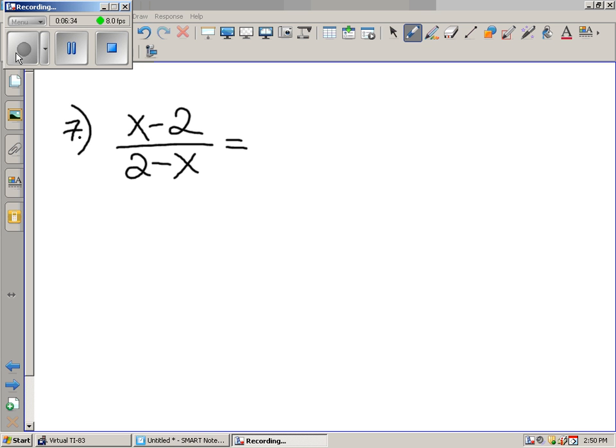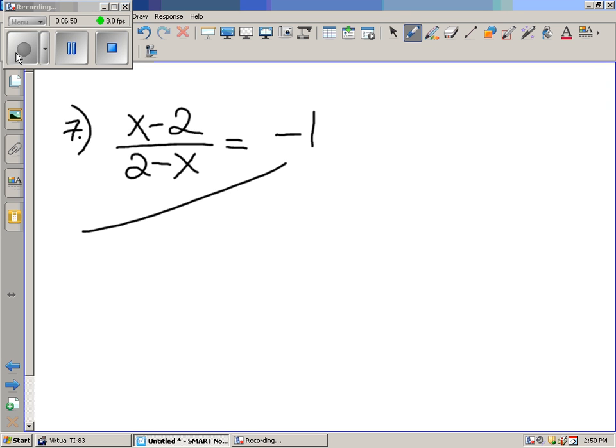Because you switch them around. What does this one turn out to be in the end? Yeah, this one we talked about, it turns out to be -1. You could just write -1, but then some people are going to say why? It's because of the following.